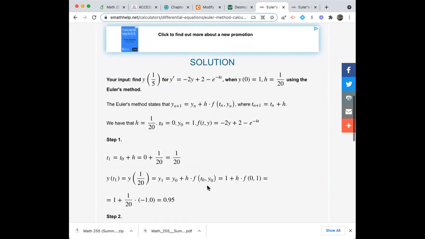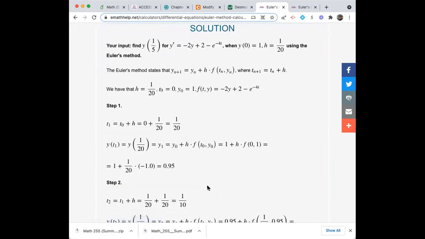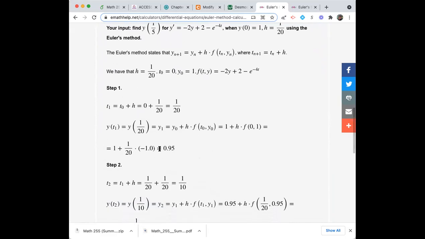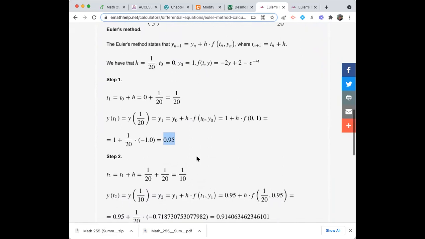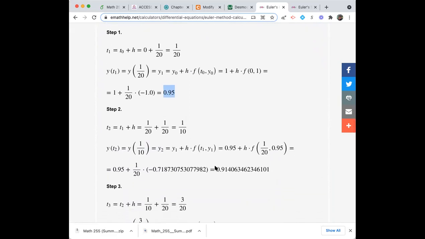It will think very quickly, much more quickly than we could do it, and it will show you the approximation after each step, okay? So after one step, we get 0.95. After another iteration, we get this very long decimal.